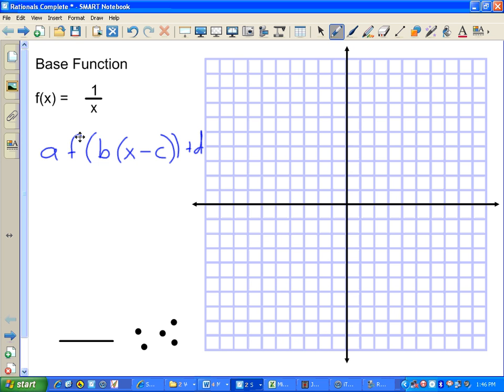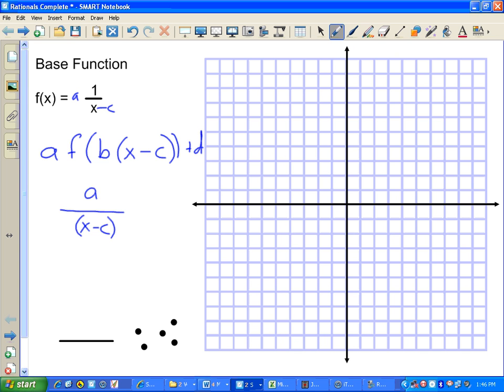So if my base function is 1 over x, let's see where these parts would actually go. Well, if I take a times my function, that's going to take a times 1 essentially. So I'm going to have a on the top. If I add or subtract something to x, okay, my x is on the bottom, so that minus c is going to go down here on the bottom.